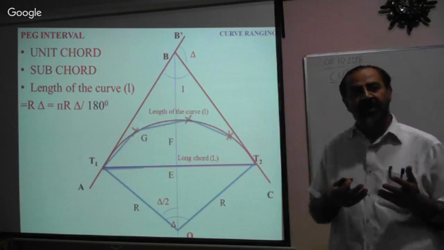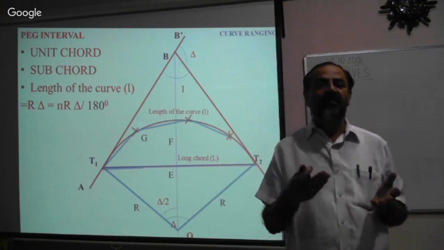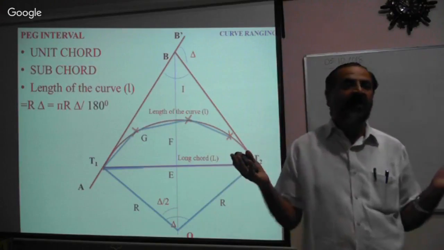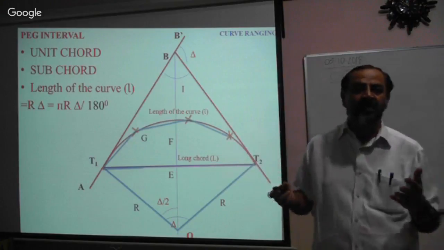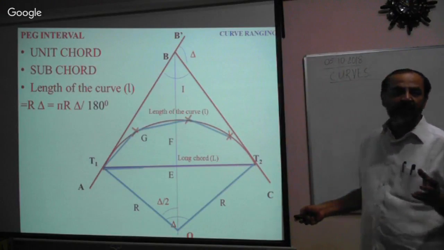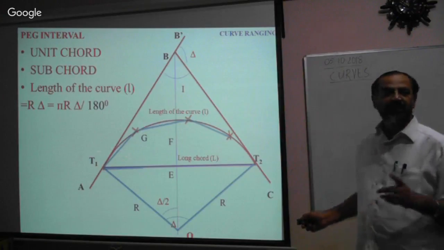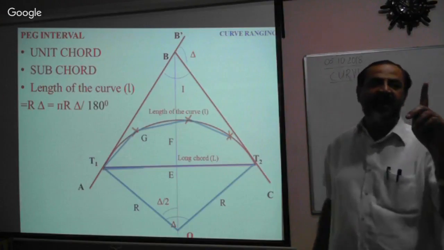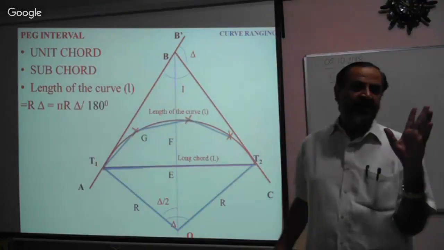Therefore, the engineer has to decide the best chord length depending upon the time available and the total length of the curve. Normally we apply one chain length as the chord length.